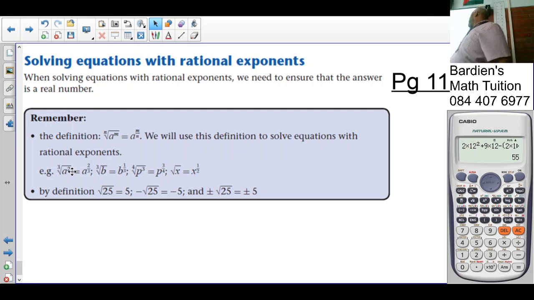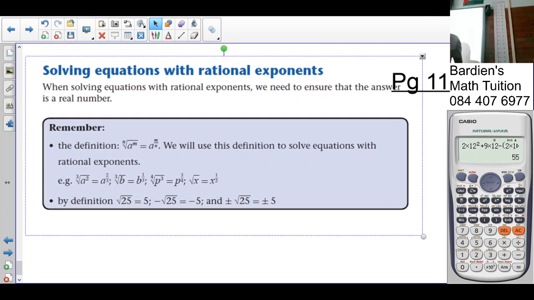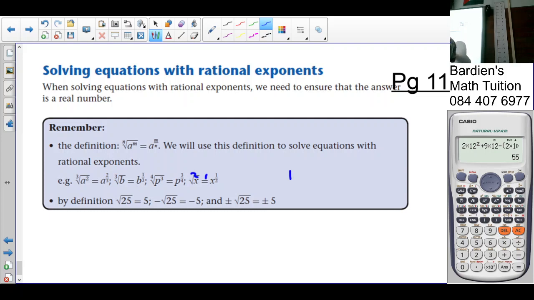Remember, there's a 2 there, and on the x is a 1. By definition, we know that the square root of 25 is 5, the negative square root of 25 is negative 5, and plus minus square root of 25 is plus minus 5. All this we knew from the grade 10 syllabus anyway.